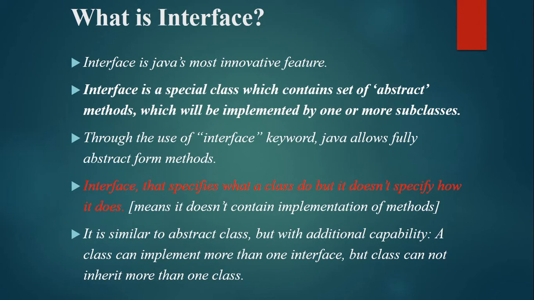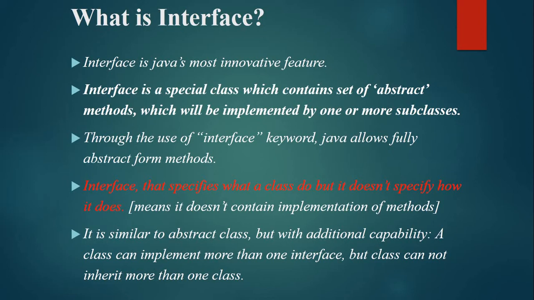The body of the method will be in the subclasses. Through the use of the interface keyword, Java allows fully abstract methods. Interface specifies what a class does, but it doesn't specify how it does it. It means it will hide the background.